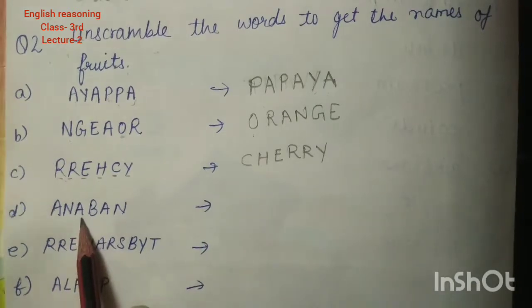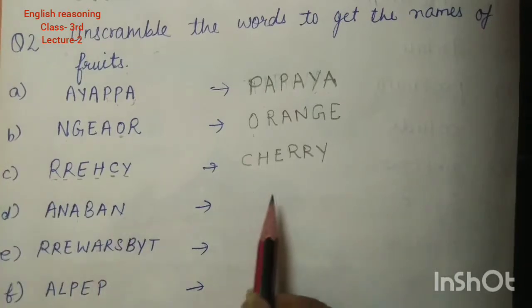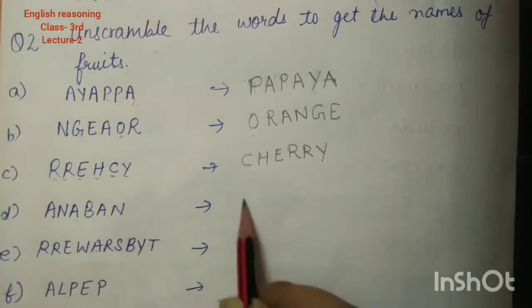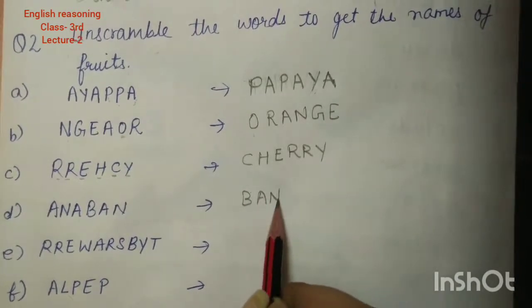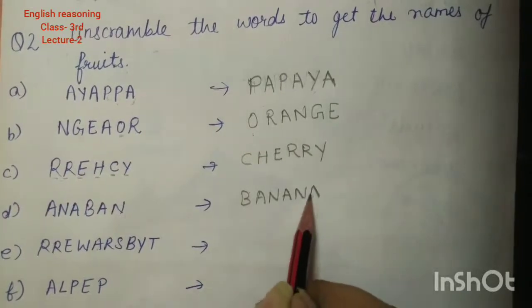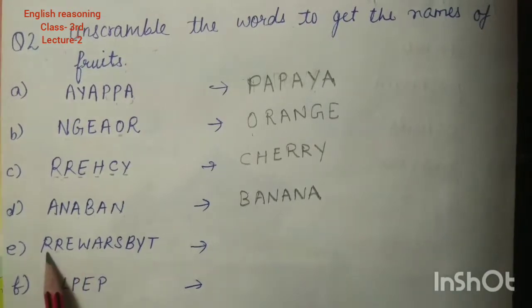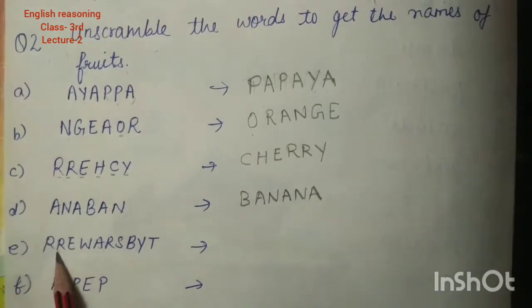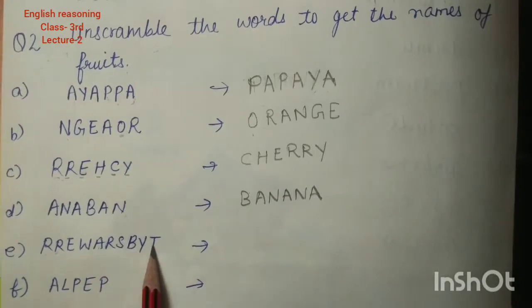This one is very easy. I can easily find out the fruit name out of this scrambled words. Banana. Yes. BANANA. Now come to next one. RREWARSBYT.